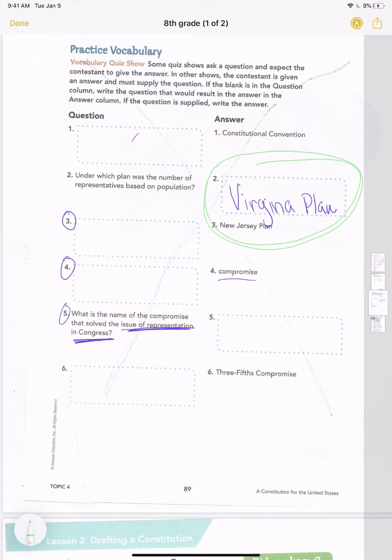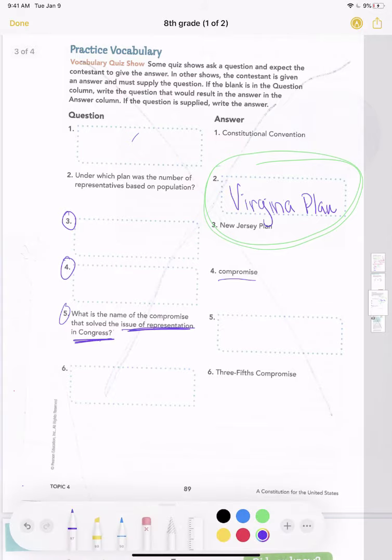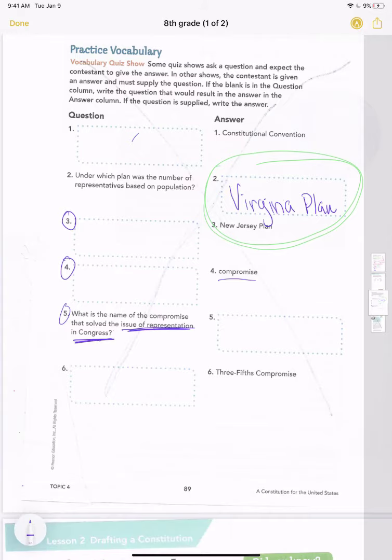Well, combining those 2 plans will get us the Great Connecticut Compromise. So you can say Great Connecticut Compromise, or you can just say the Great Compromise.